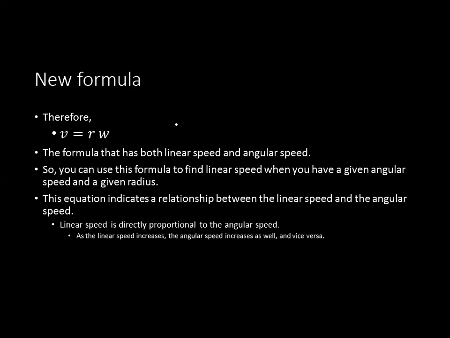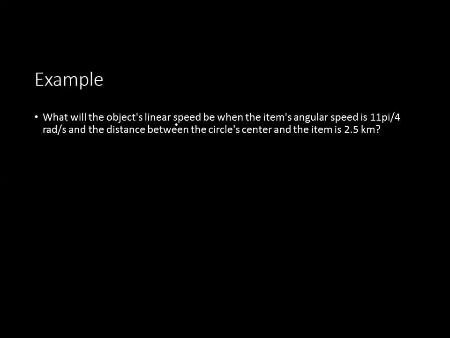So let's try some examples. What will be the object's linear speed when the item, here we go again. Next time I should proofread this, because object and item mean the same thing, but it could sometimes differ our interpretation.